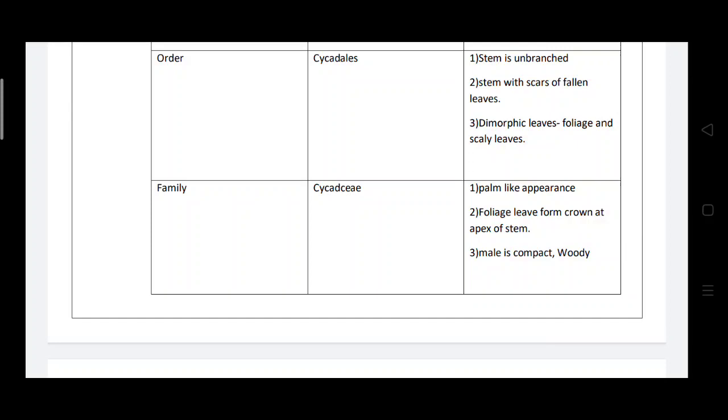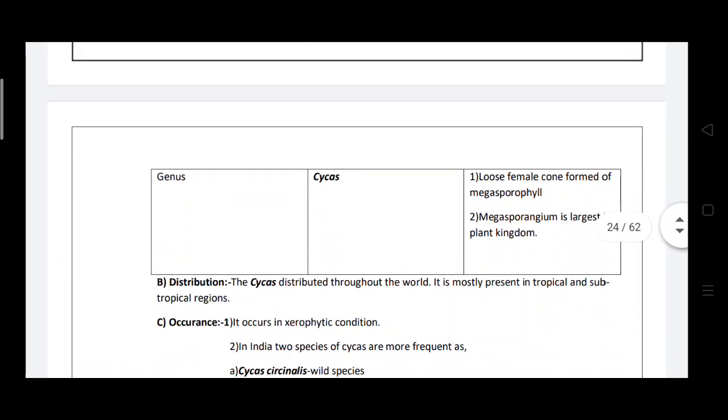Cycadaceae is also characterized by the male cone being compact and woody. So the male cone is compact and somewhat woody in structure. Then the genus Cycas. In Cycas, the loose female cone is formed by the megasporophylls, and the megasporangium is the largest in the plant kingdom.